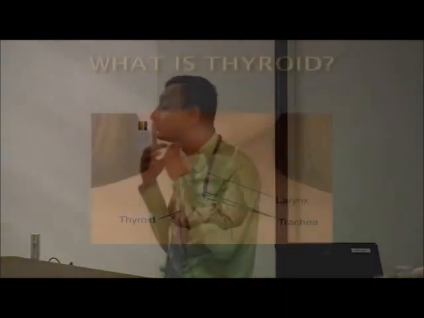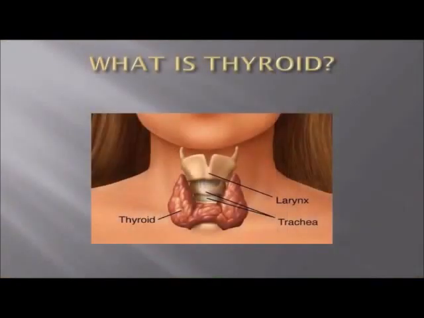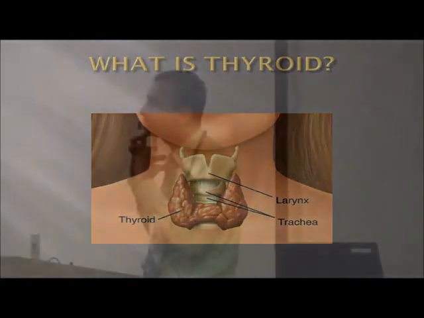Basically, we divide thyroid problems into two things. One is problems of thyroid function, hyperthyroidism and hypothyroidism, and that's usually separate from the anatomy, shape, and size of the thyroid, which is nodules and cancer and all those things.